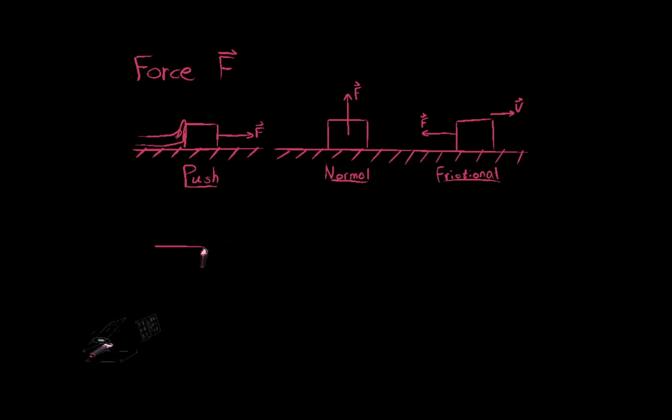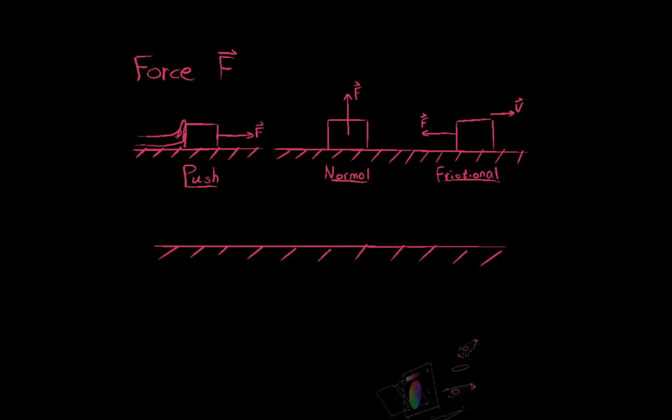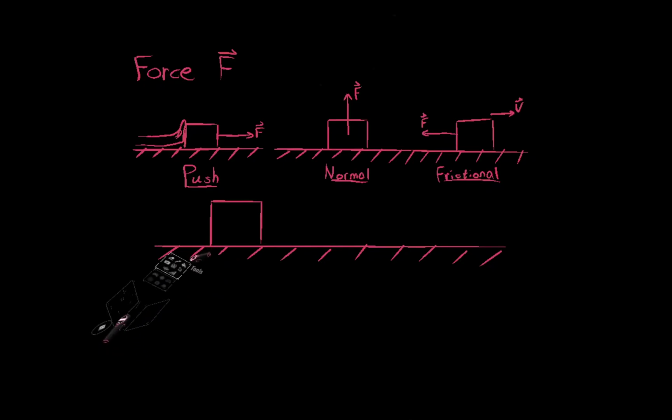Tension. One big long road here. Here's our box. And we have maybe a string that's being pulled this way here. So there's some force vector. I did the same thing, this way.